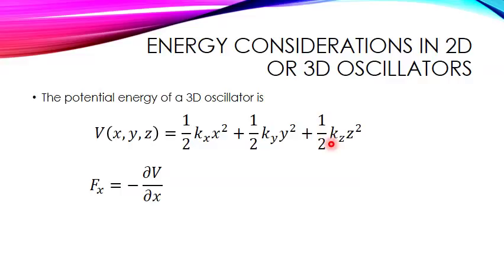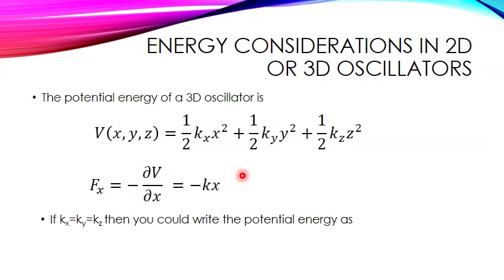The negative partial derivative of the potential energy with respect to some position should equal the force. If we take that, there should be kx, not k. You get the spring constant in the x direction times the displacement in the x direction, and you get the negative sign, so that it's producing our force. So this is a valid potential energy function, at least in the x direction. You could do the same for y and z, and you get an answer.